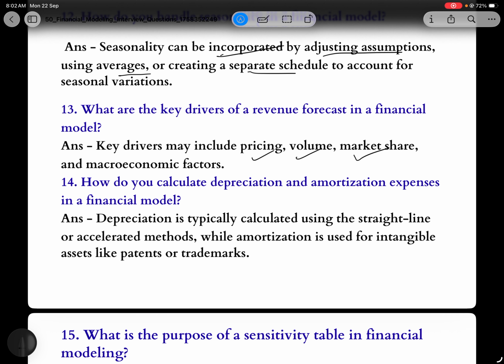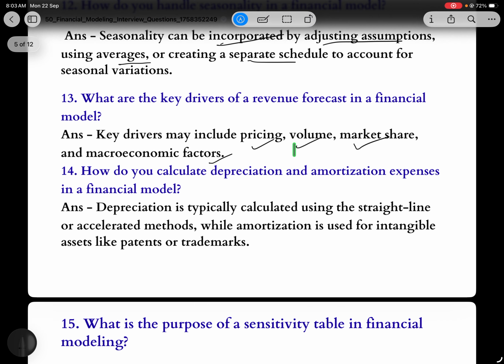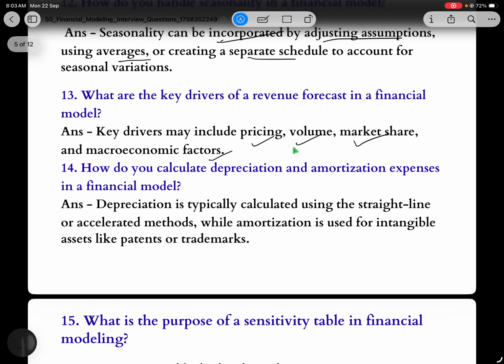Market share as well, people can assume, but in terms of macroeconomic factors, this is where you need expert knowledge, because you need to be able to predict macroeconomic factors. So you might be using figures from the IMF or other places. All these are the drivers which will affect our revenue, right?